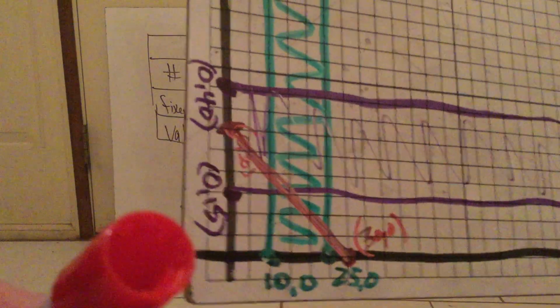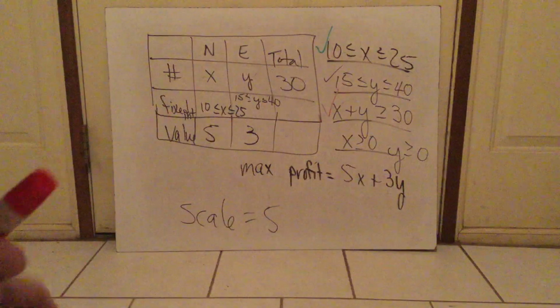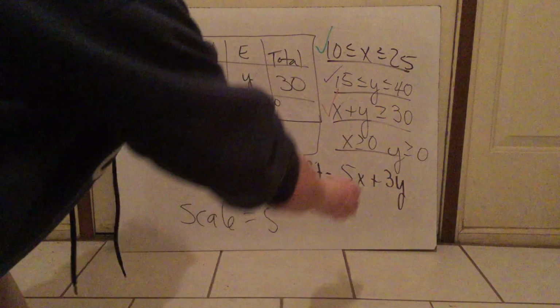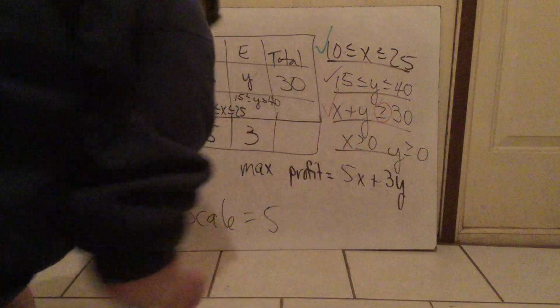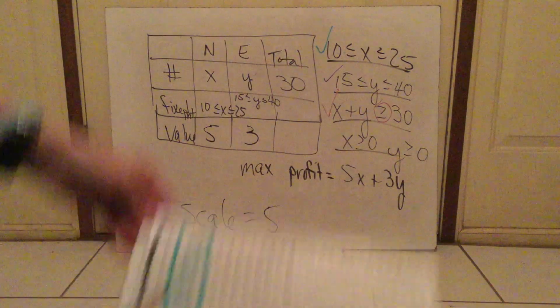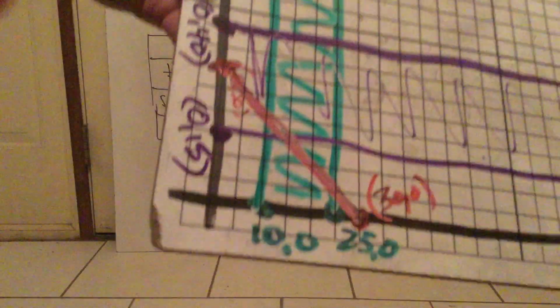Okay, now this is where you've got to really pay attention to your problem, because we have to shade that red line, and this is a greater than, which means I'm going to shade above that line. I don't know that we've done that so far. We're going to shade above that line, so we're inside the box, but we're above the line.